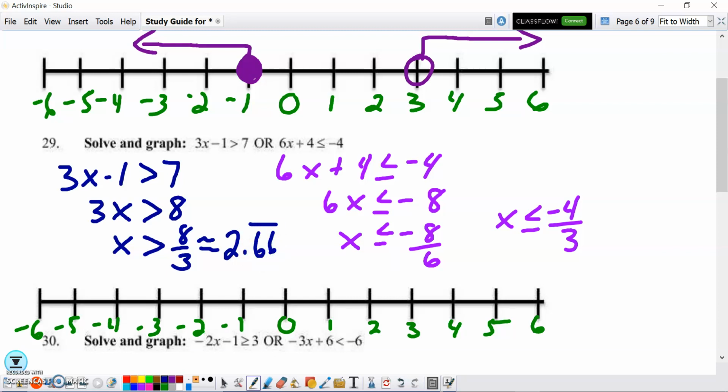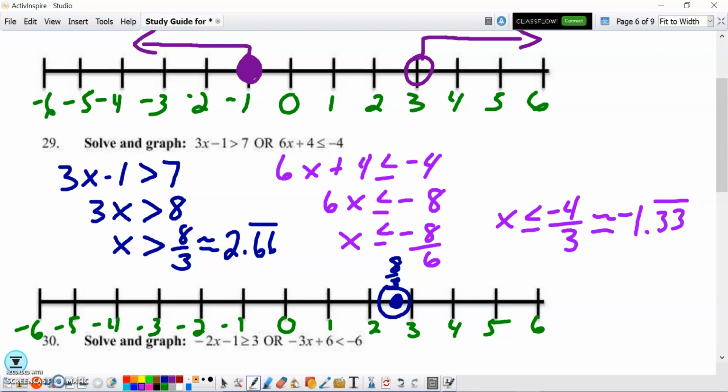So that one is going to be right about here. That would be the 8/3. And it's an open dot. Then this one would be approximately negative 1.3 repeating.